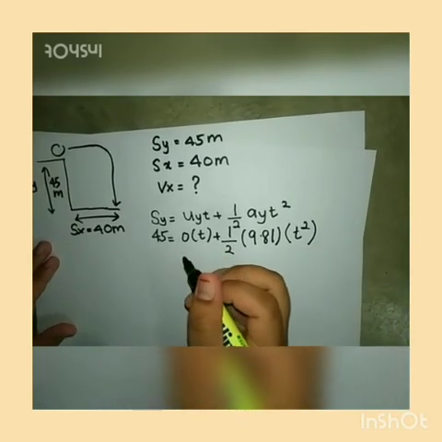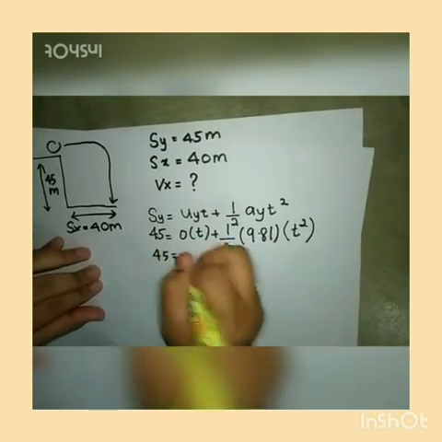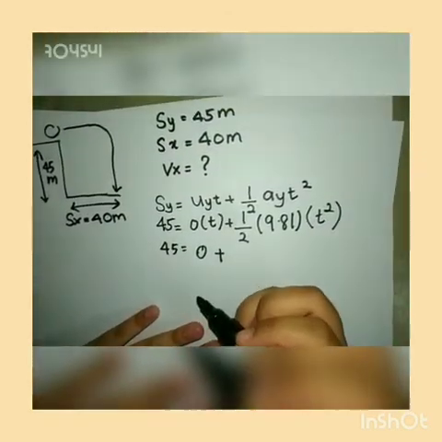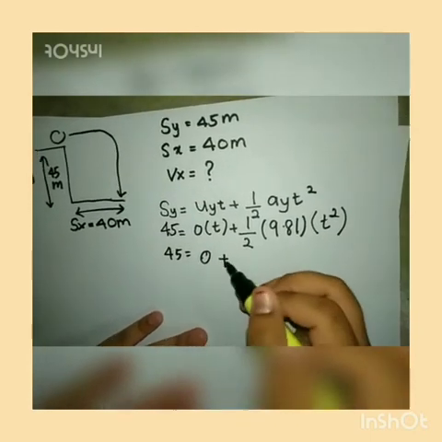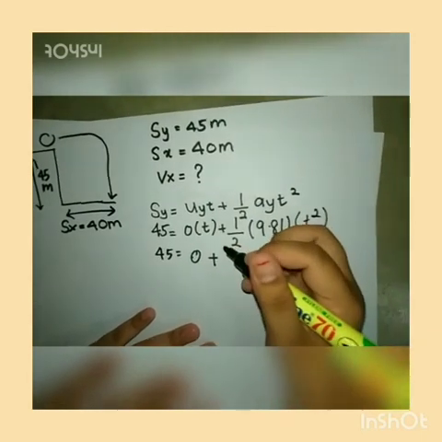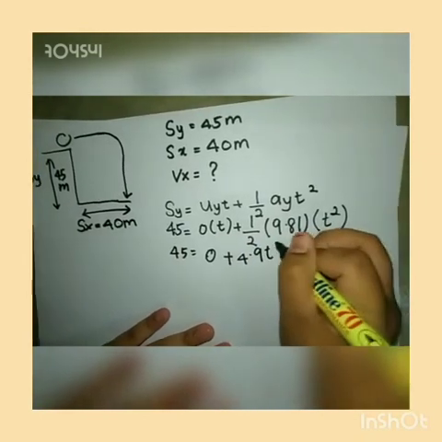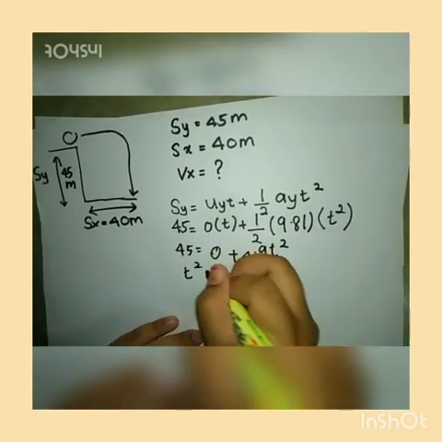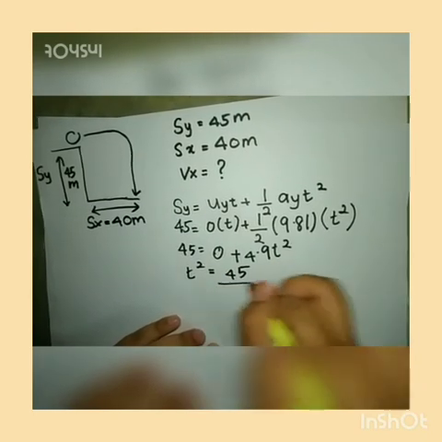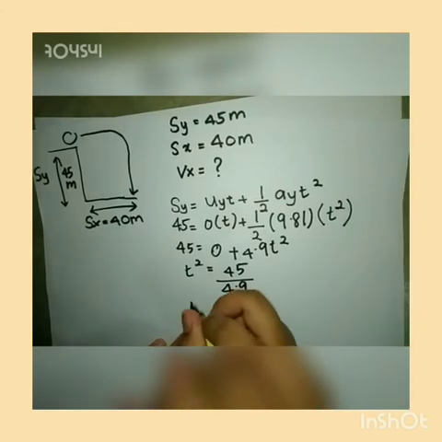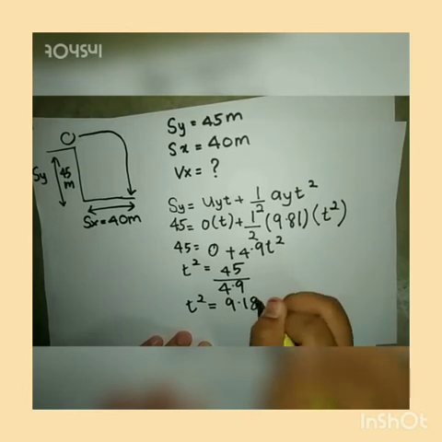So 45 equals 0 plus 4.9 t square. So t square equals 45 over 4.9, so t square equals 9.18.